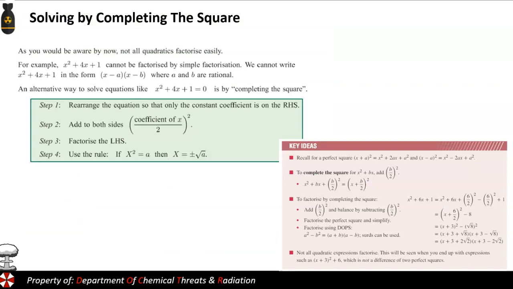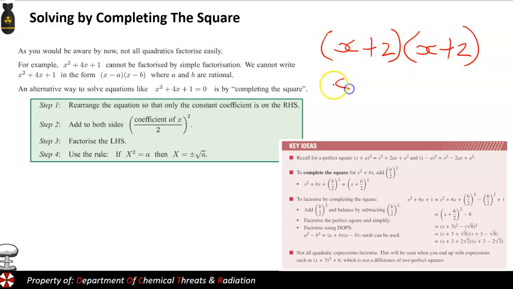So to solve something by completing the square, this slide in particular, I don't particularly like. I think there is a better way to explain how we do this. But basically, if you remember from the previous version, we talked about completing the square in the past, and completing the square was where we have something like x plus 2, x plus 2, or x plus 2 all squared.